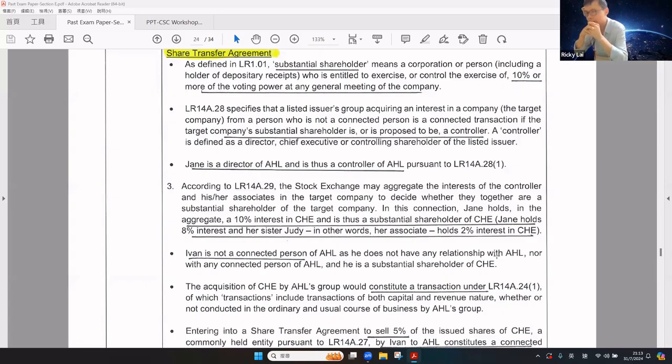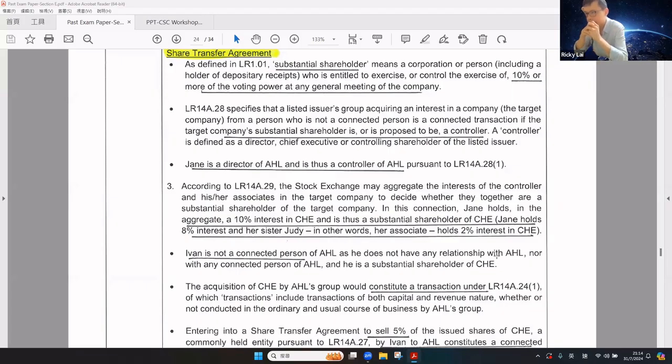The controller is defined as a director, chief executive, or controlling shareholder. Jane is a director, and she is a controller of AHL. The stock exchange may aggregate the interest of the controller and its associate in the target company to decide whether they together are a substantial shareholder of the target company.